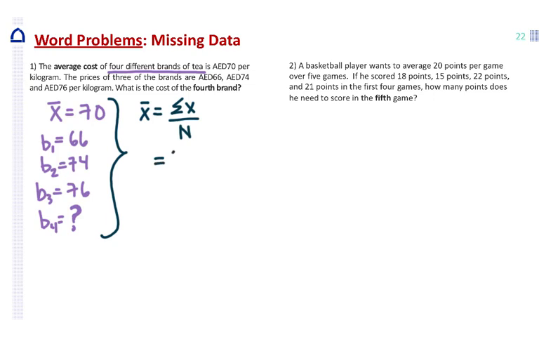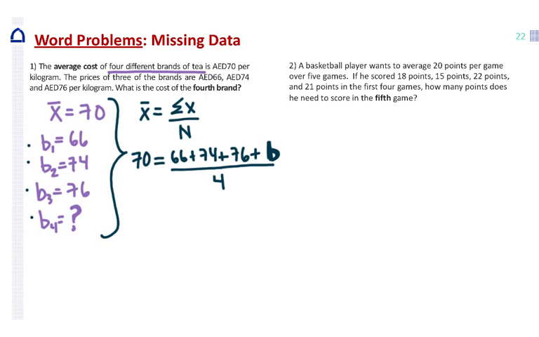So in this case, it would be 66 plus 74 plus 76 plus, let's call this B for the brand, we don't know what it is, and we knew there were 1, 2, 3, 4. But we also know the average is 70. So it's just a simple algebra problem to solve for B. But I know some people don't like algebra, so let me show you the logical way I like to approach it. It ends up being the same steps as algebra.